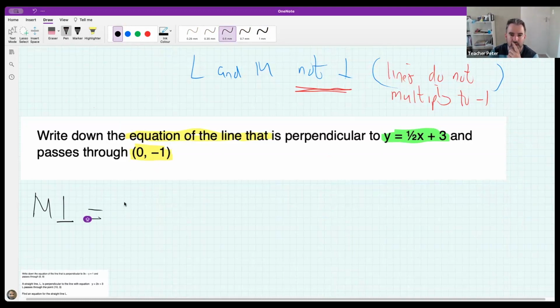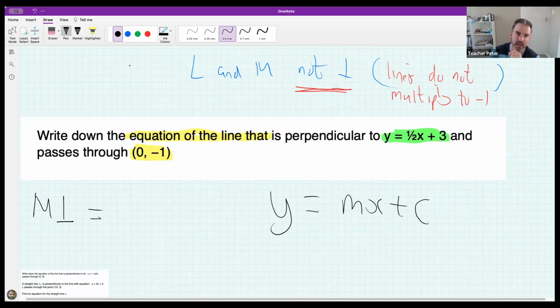So we can take the half and insert it into the formula to find whether the two gradients are perpendicular, and then we can get the other gradient of the other line. Now, I'm hearing you say use the straight line formula. What I want to know, Bukle, for the yellow line, which is perpendicular to the green one, do you know what the gradient is? Yes, so it's a half.